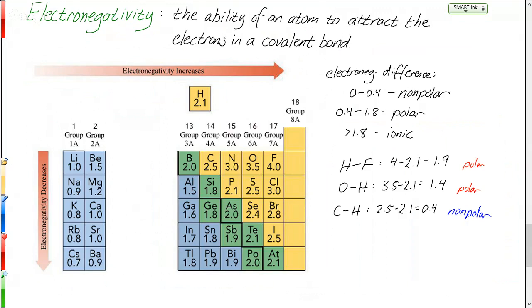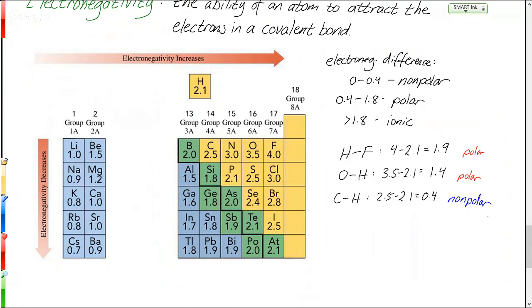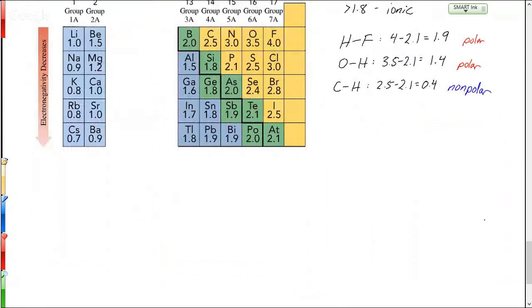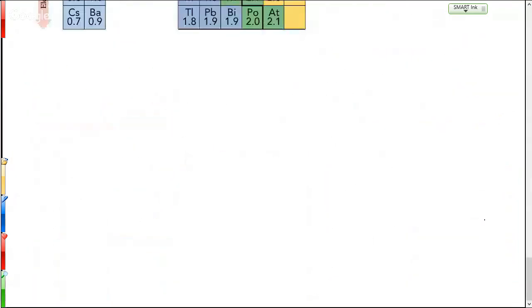One more thing to look at before we're done here, just the way that we draw this. Let's say we're looking at a molecule. We're trying to figure out if it's polar or not. So let's look at one of the ones we looked at up here, like SF2.